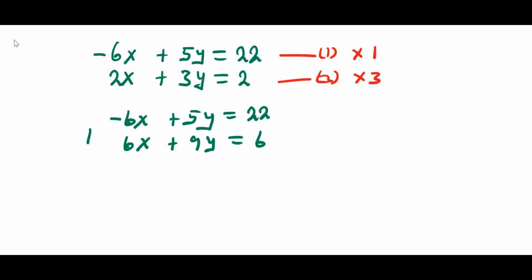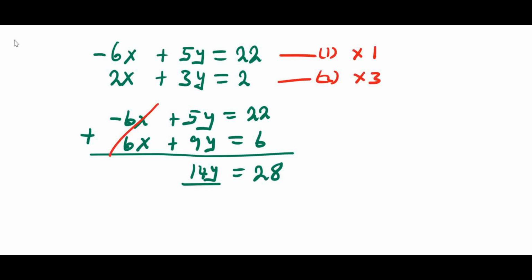Negative 6x plus 6x will simply cancel, and 5y plus 9y will become 14y equals to 22 plus 6, which is 28.